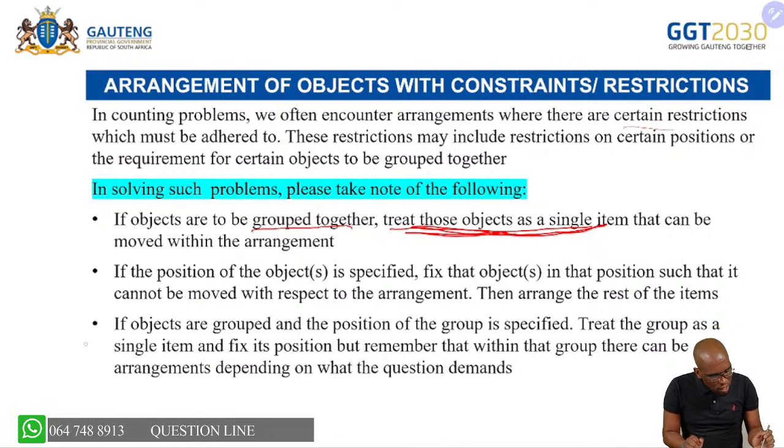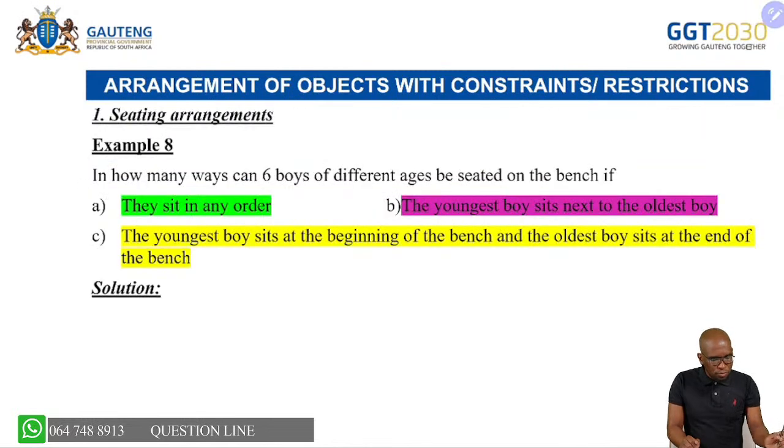Now, if objects are grouped together and the position is specified, we treat the group as a single item and we fix its position. But remember that within the group, there can be arrangement depending on the demands of the question. Right, let us see all these guidelines applied in problem solving.